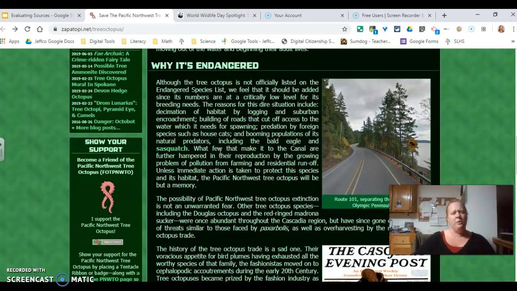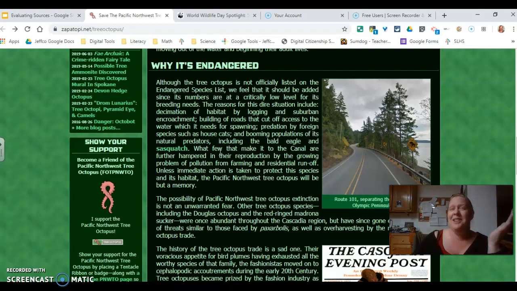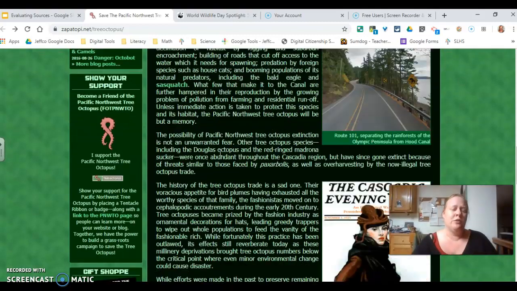One thing I'm concerned about right now is that before today, I'd never heard of a tree octopus before. So that's something kind of new to me. And to be honest, I've looked around on the internet a little bit and actually haven't found any other information about it. So that makes me a little bit concerned that what they're talking about on this website may or may not be true.